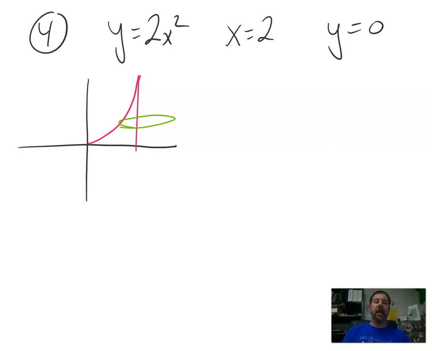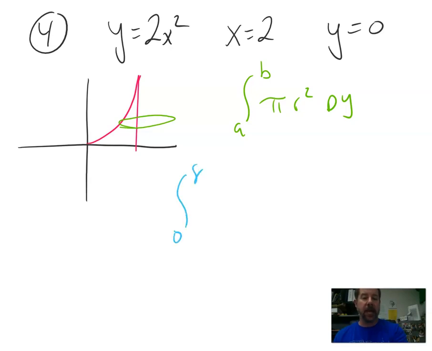All right? And now if I'm looking at this where I'm revolving this around, my shape touches the whole time. So now I'm back to a disk method problem. My setup would be a to b of pi r squared dy. And we already talked about how my limit is going to go from 0 to 8.